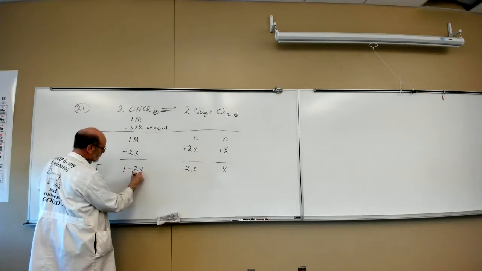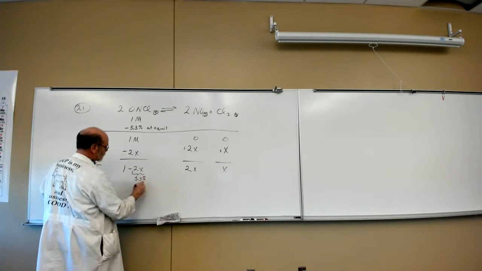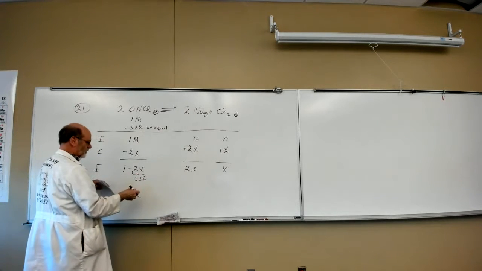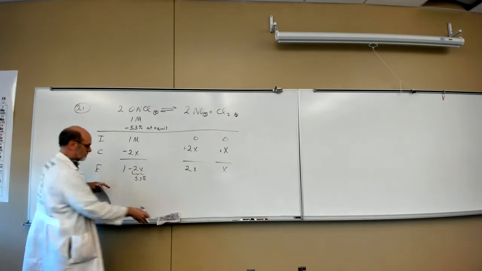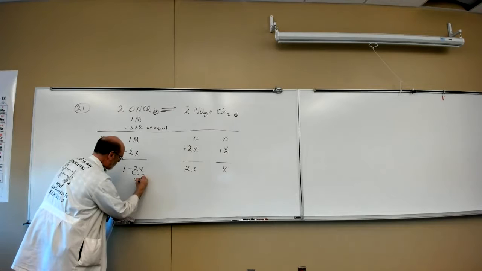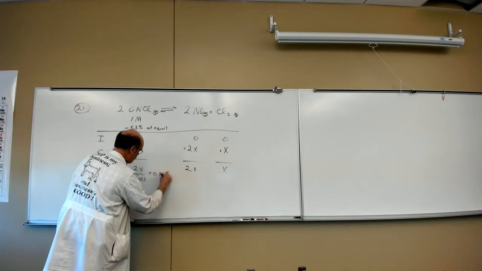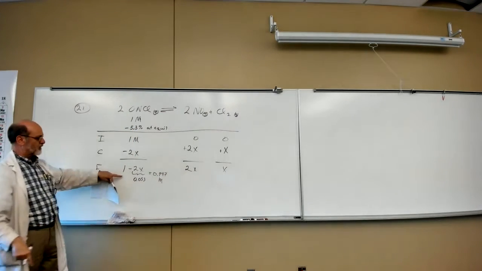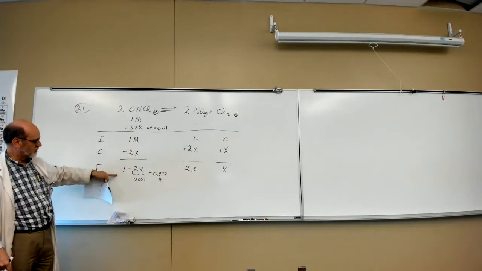If 2x is equal to 5.3% of 1, that would be 0.053, right? Of 1, which gives 0.947. So that's our equilibrium position for ONCl.